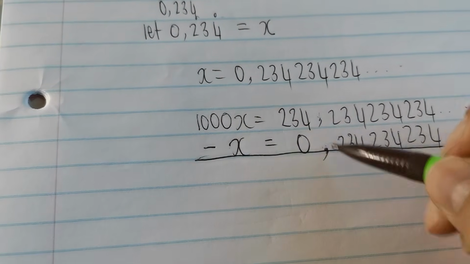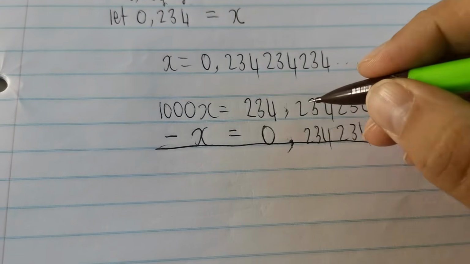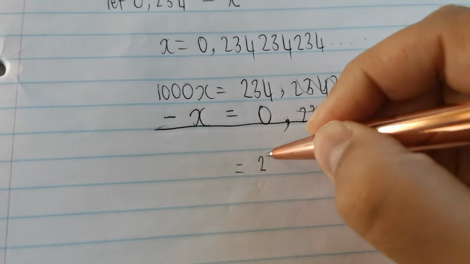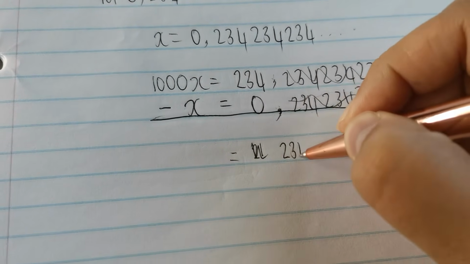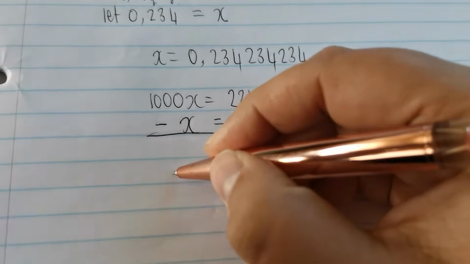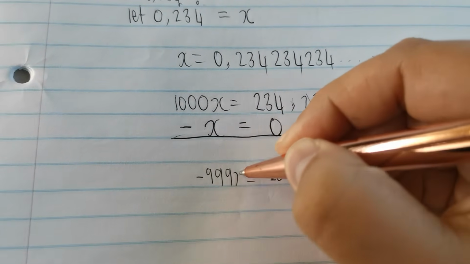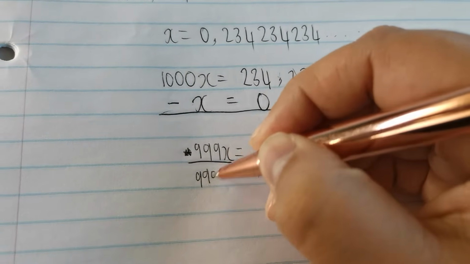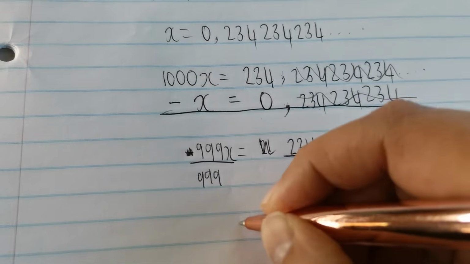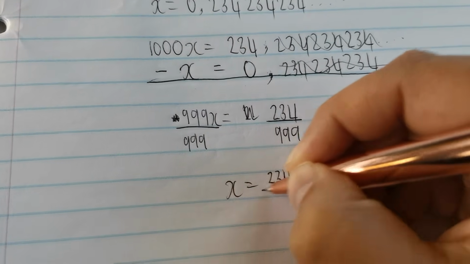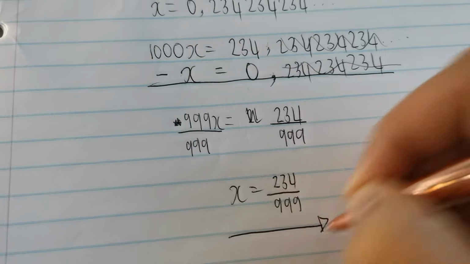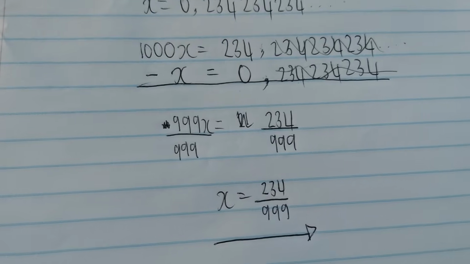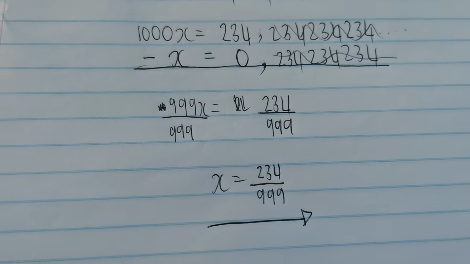Basically, after our comma in both of them, we got the recurring 234, so they cancel out. 234 minus 0 is still 234, and 1000x minus x is 999x. Divide both sides by 999, and there's our answer. You can just see if there's any number that can go into it. If there is, then you'd simplify it. If not, that's our answer. There we go. That's what I wanted to show you guys.